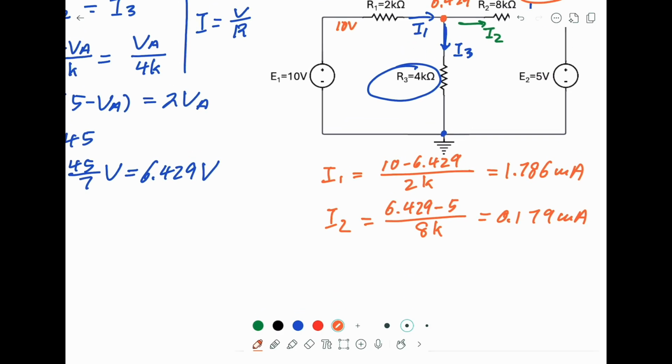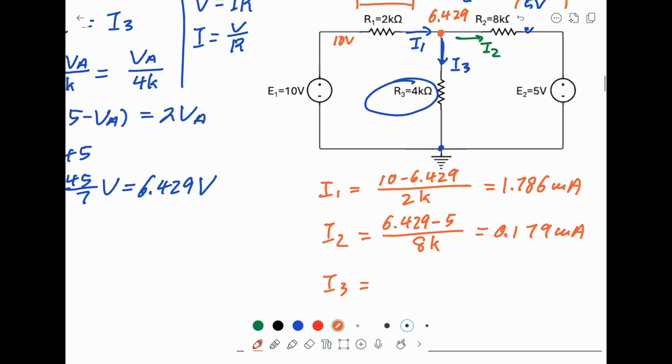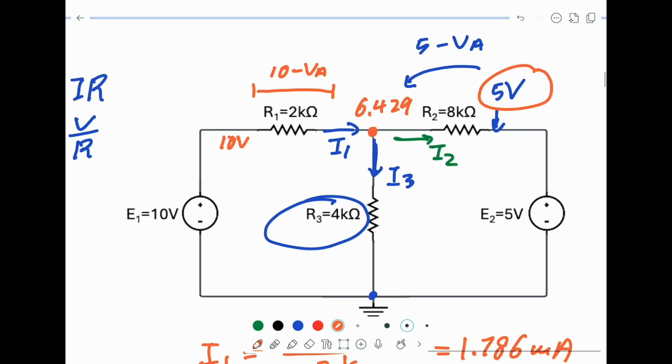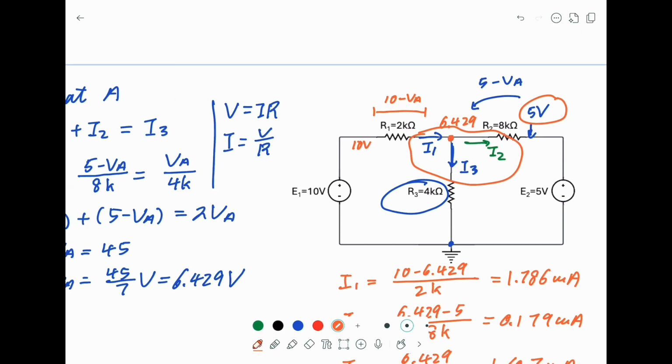And I3, this is 6.429 divided by 4K. You have 1.607 milliamp. Now let's check. After the correction, we should say I1 equal to I2 plus I3.